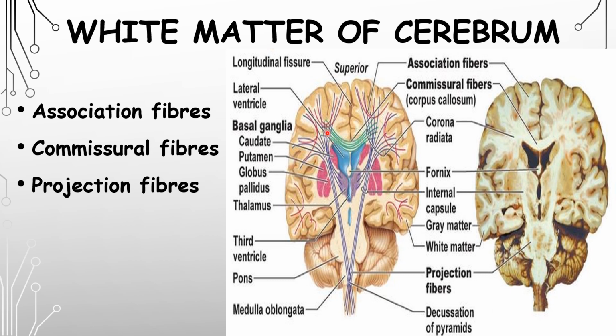So here it is, the commissural fibers. It is connecting the corresponding areas of the two hemispheres. Association, same hemisphere, different gyri. And then projection fibers. They connect the cerebral hemisphere with other parts of the brain like thalamus, brainstem, or the spinal cord. So that is the projection fibers.